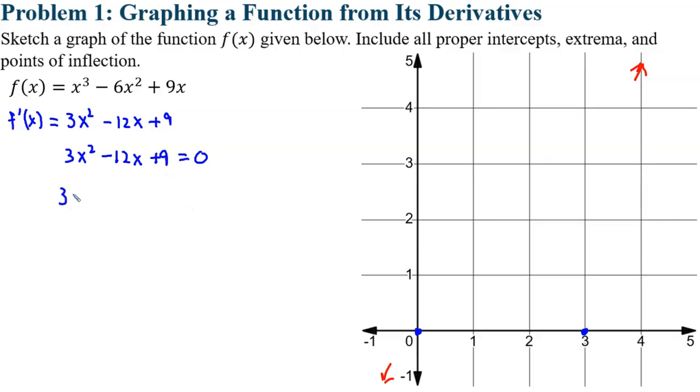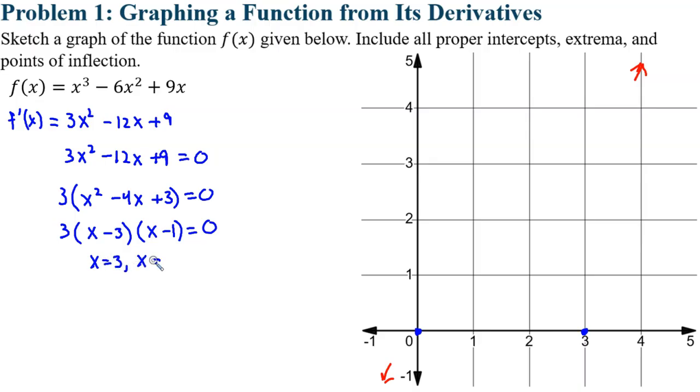I can pull the 3 out of all these terms. Looks like this will factor as an x minus 3 times an x minus 1. So we can find the zeros of that first derivative at x equals 3 and x equals 1.